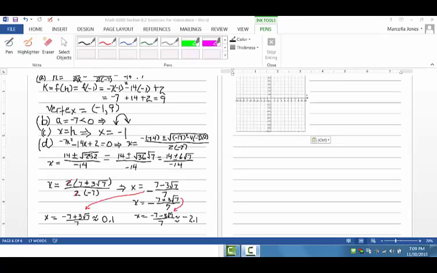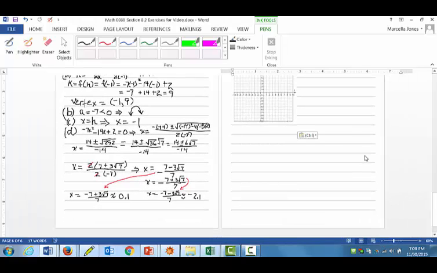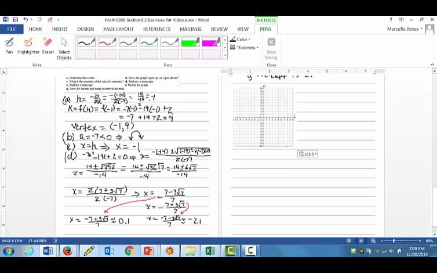Okay, so we want to graph this, and the vertex is negative 1, 9. Parabola opens downward. Negative 2.1 is one of my x-intercepts. 0.1 is the other one.